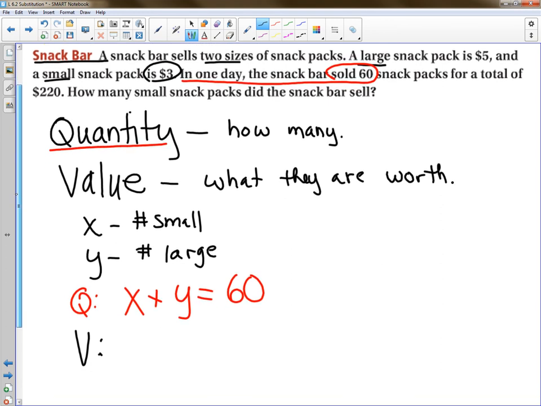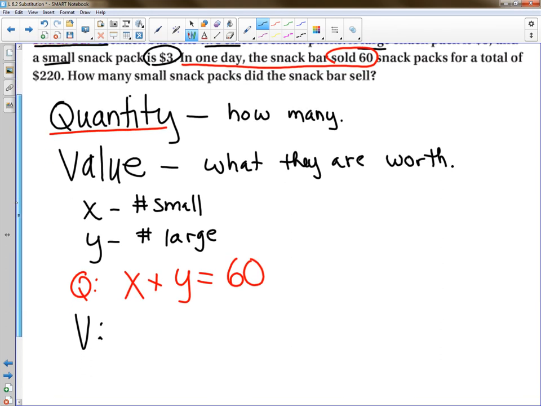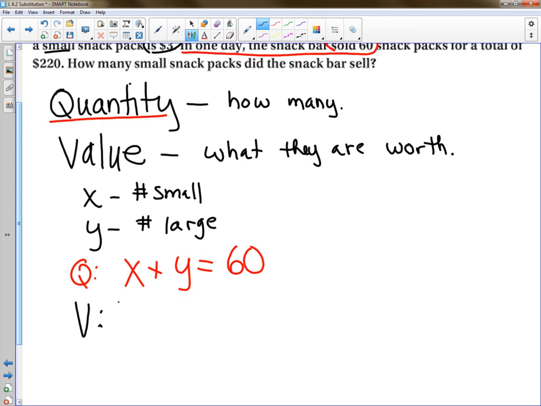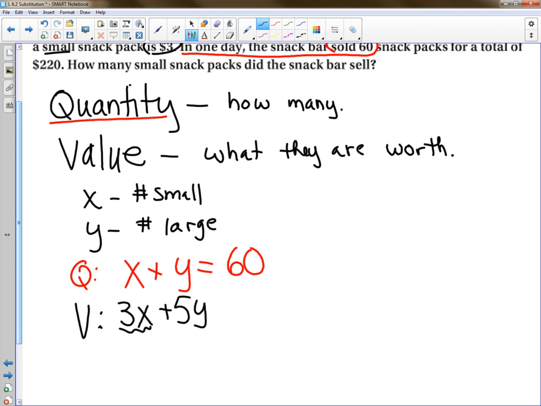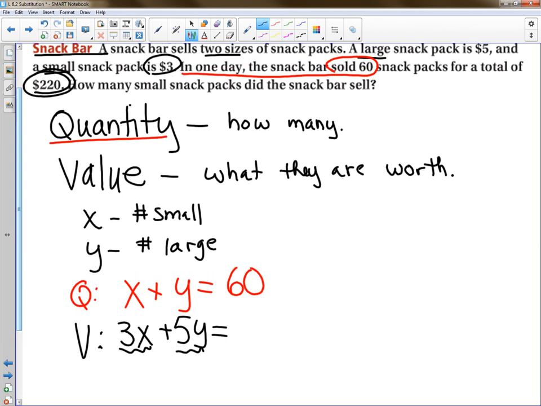So if I sell some number of small snack packs for $3 each, that looks like this. $3 times the number of small snack packs. Plus, if I sell some number of large snack packs, they're $5 each, so it's $5 times the number of large snack packs. Well, I get so much money for the small and so much money for the large, and when I add up all the money amounts, my total is going to equal $220 right here in the problem.